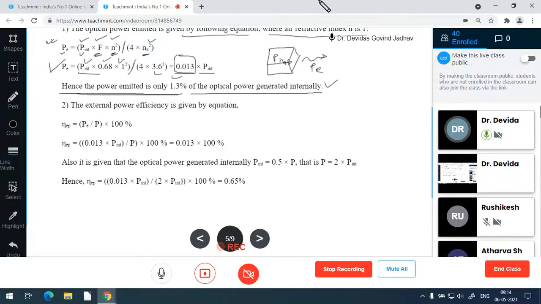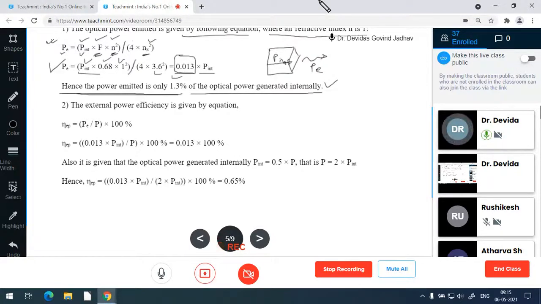So P internal is generated inside the crystal, and it is emitting into the second medium, that is air, as PE. Out of P internal, it is able to emit outside the crystal PE. So how much is the ratio or percentage? If it is generating P internal, only 1.3% it can emit outside.